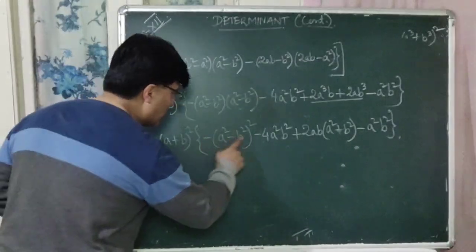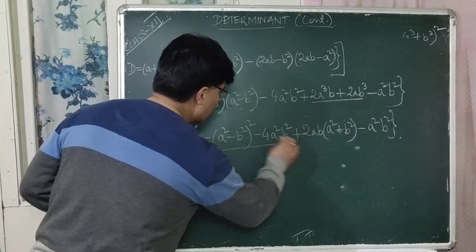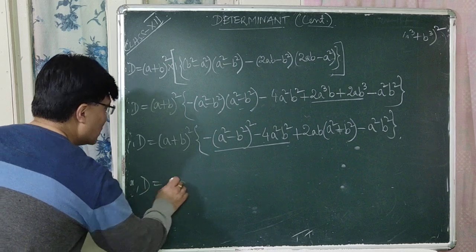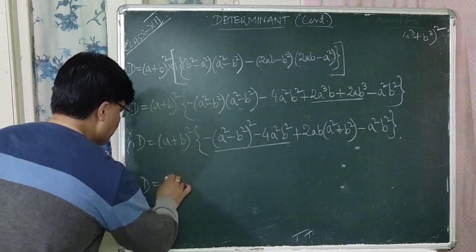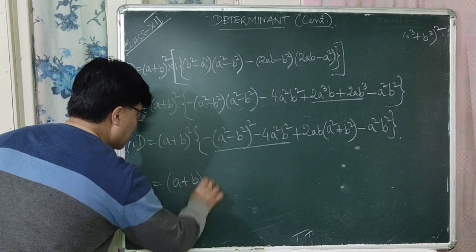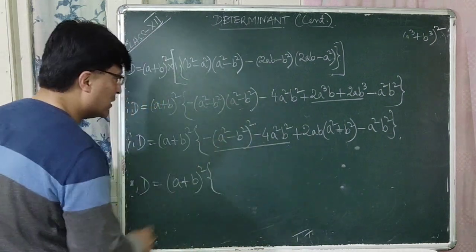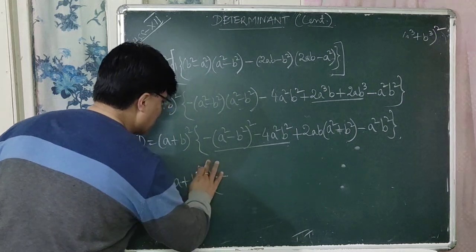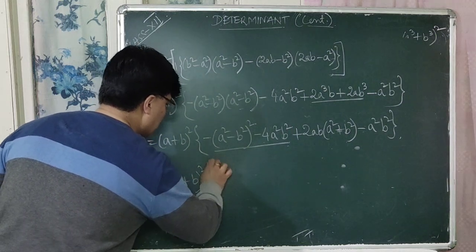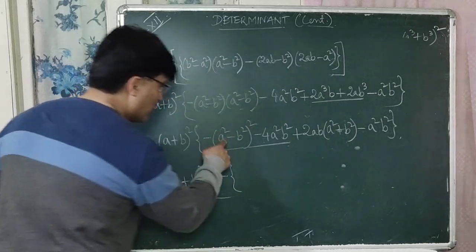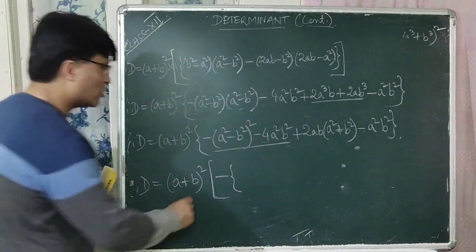Now next, what is common here? From these two you can take minus common. So D is equal to (a plus b) whole square, within second bracket, only minus is taken common. Let us write it as third bracket: minus, within second bracket, from these two only minus is taken common.